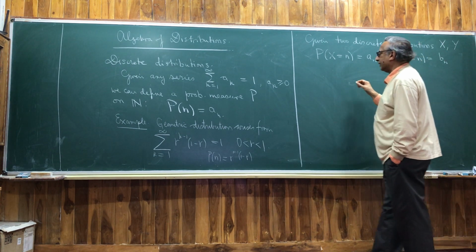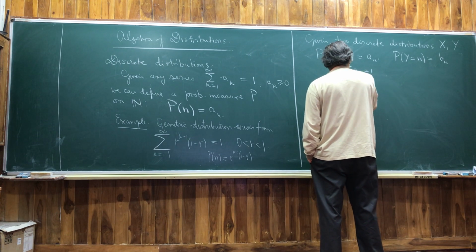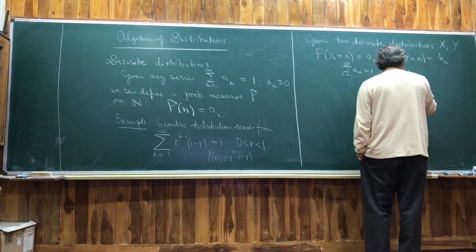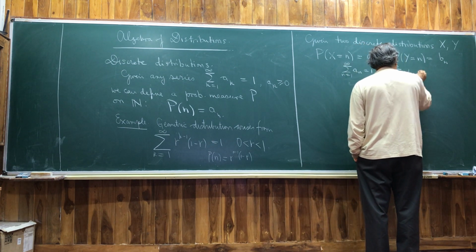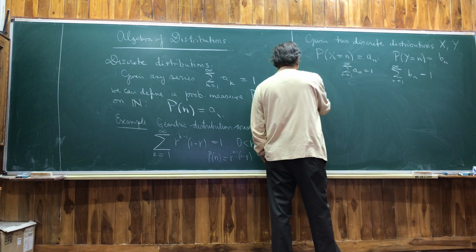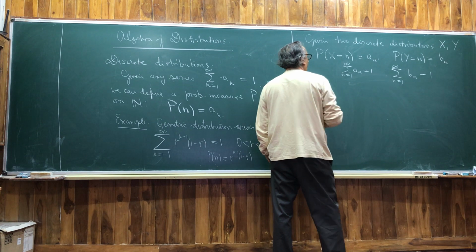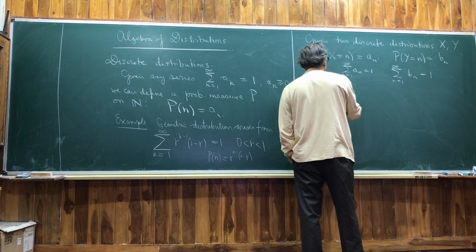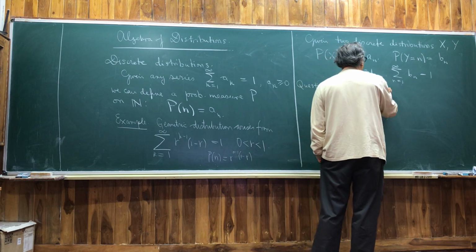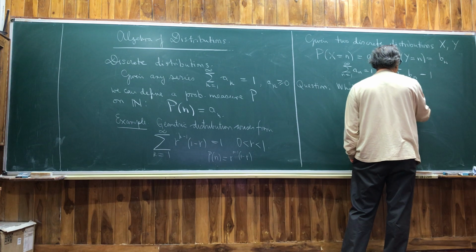So I have two series, summation a_n summing to 1, summation b_n summing to 1. Then the question is, what is the distribution for x plus y.